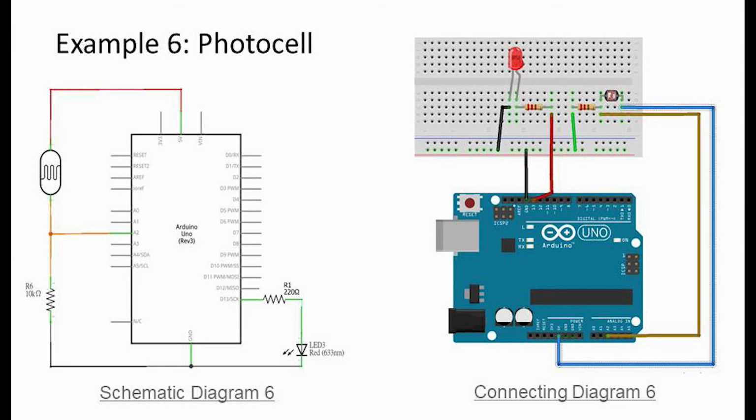The photocell is also connected to a 10,000 ohm resistor and then connected to ground. Separately, the LED is connected to the D13 digital pin and a 220 ohm resistor, and the circuit is connected to ground to complete the circuit.